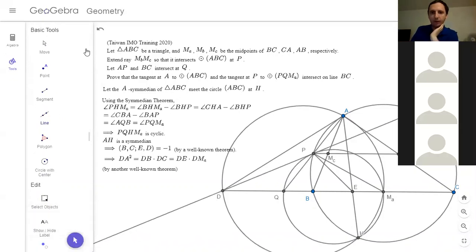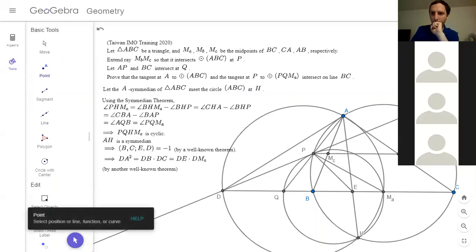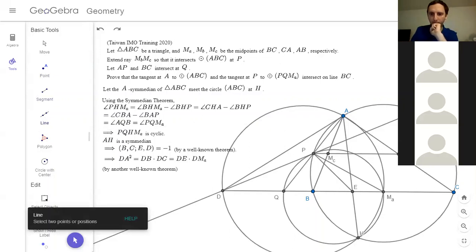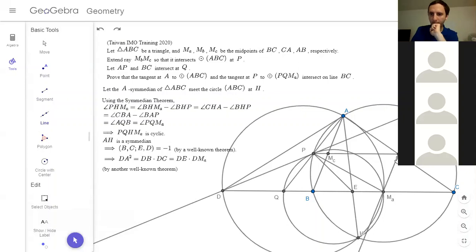Yeah, I wonder if AF is parallel to BC. Let's see. Actually, I'm not 100% sure. No, I don't think AF is parallel to BC, but is it on MAB? Yeah.